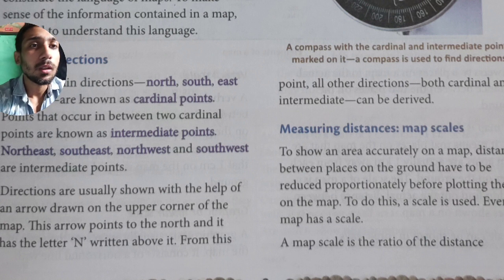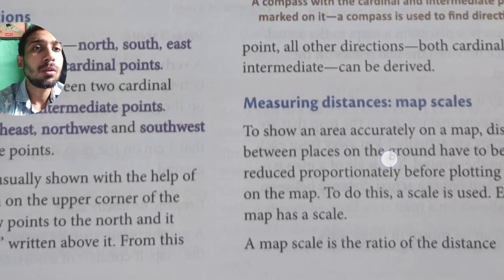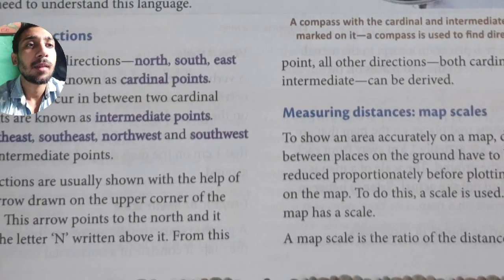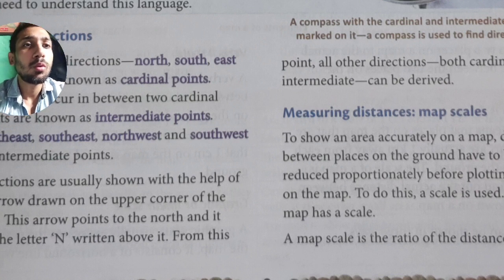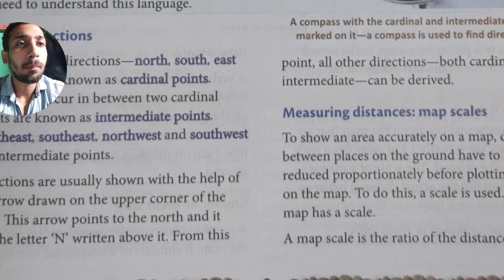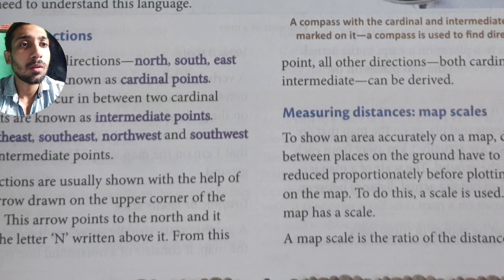After that, we will go for measuring distance with the map scale. To show an area accurately on a map, distances between places on the ground have to be reduced proportionally before plotting them on the map.